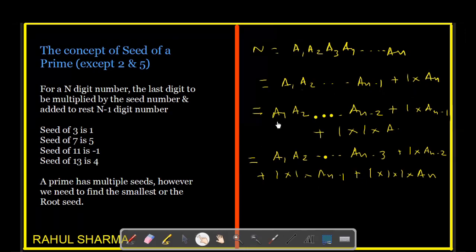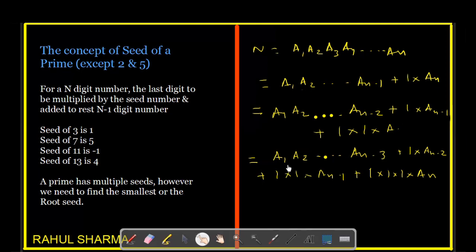We reapply this in the next step. It becomes a1, a2 till the first n minus 2 digits. The last digit gets multiplied by 1, and in the first step, we had 1 into an. So in this step, the seed number will again get multiplied by that expression. So it becomes 1 into an.